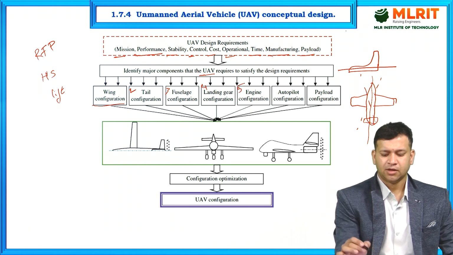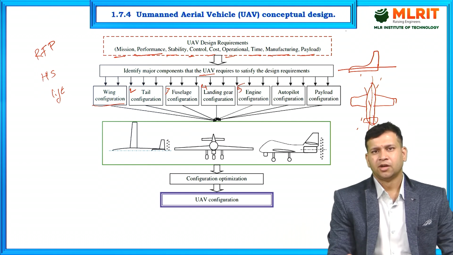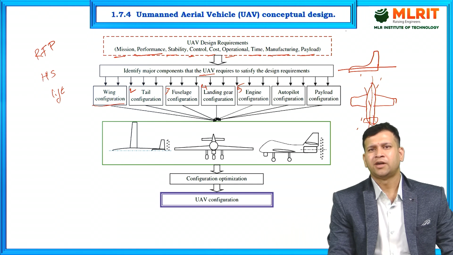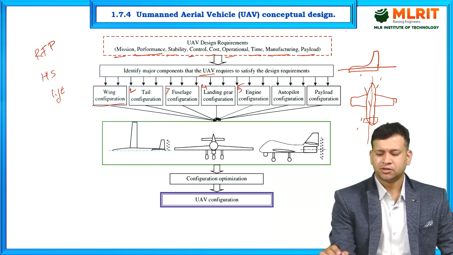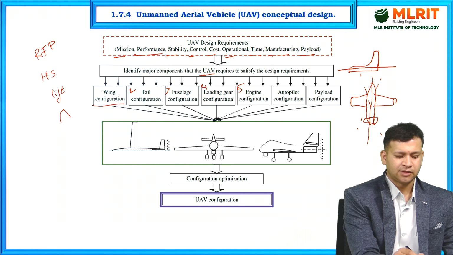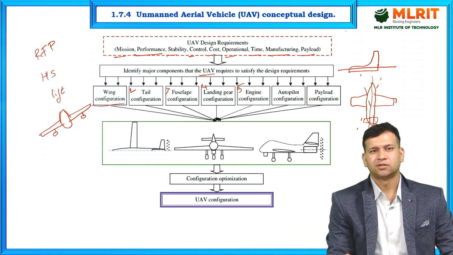Next, engine configuration. Engine configuration in an unmanned air vehicle system generally just shows how and where the engine has been mounted. Suppose it is mounted under the wings, if we see this as a front view, if it is podded under, this is the location.